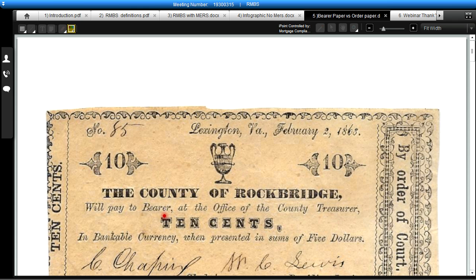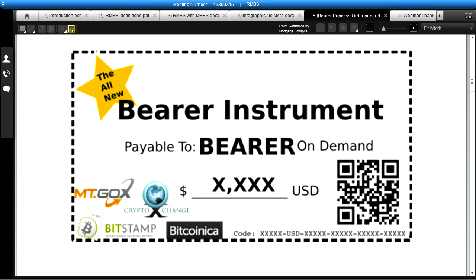Let's look at the next example. The all-new bearer instrument, payable to bearer upon demand. Again, we're identifying who is getting what. Payable to bearer. This is a bearer instrument.